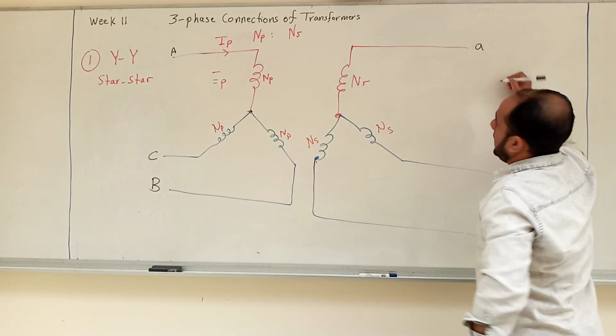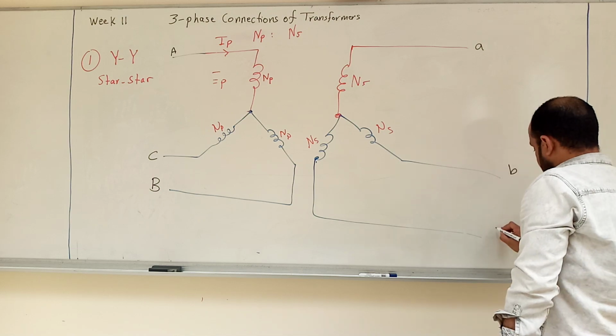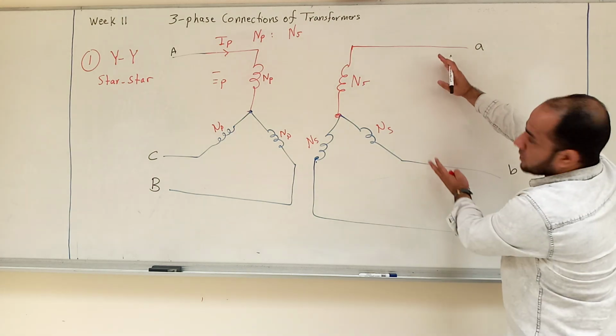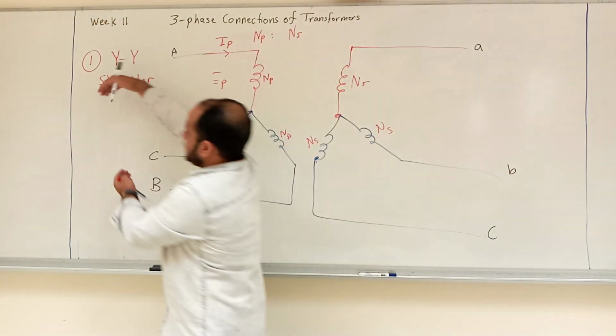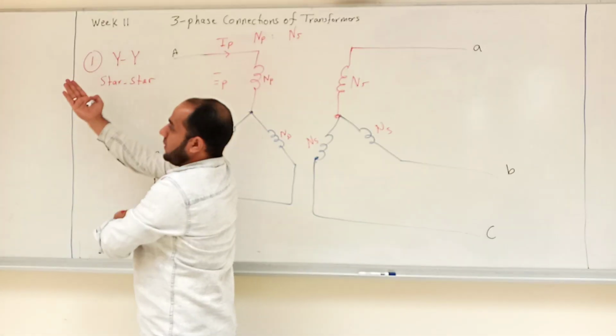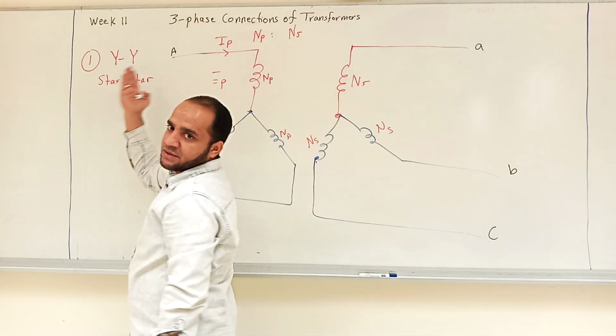So this is going to be a, and this one here is b, and this is c, right? This will be connected to a three-phase load, and this is supplied by a three-phase source, like a three-phase substation, or a three-phase transmission system.